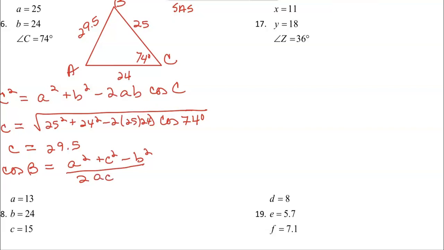Note this b squared is as far away from this b as possible, and it only appears one time. That's the big key to working through this equation no matter what your letters are. Same thing with the side formula: this C and this C are very far apart, and the C only appears once on the right-hand side. I'm going to have to use inverse trig of that whole fraction, that whole quotient.